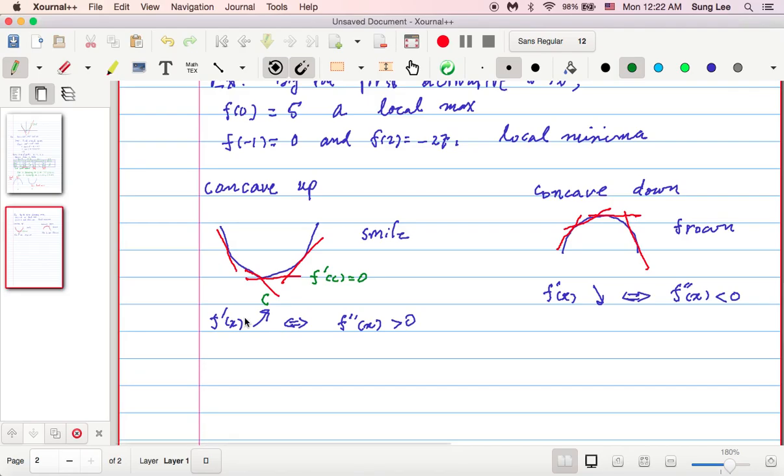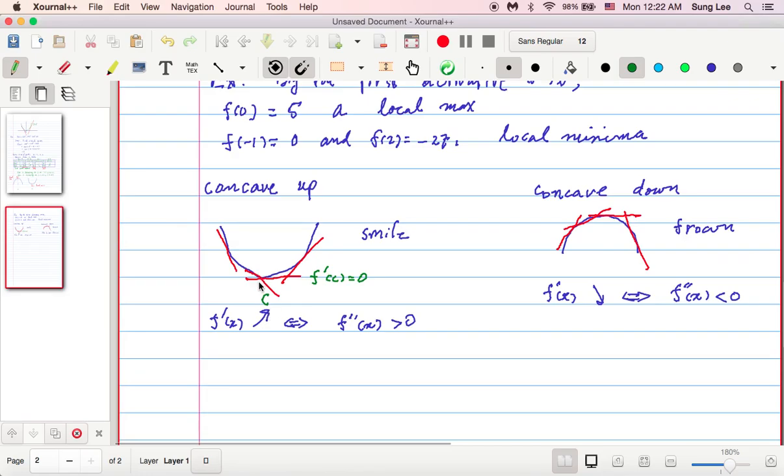Yes, of course. In this case, the sign of f double prime of c has to be positive, because the region is concave up. The graph is concave up, so f double prime of x is positive on that interval, and c is part of that interval.